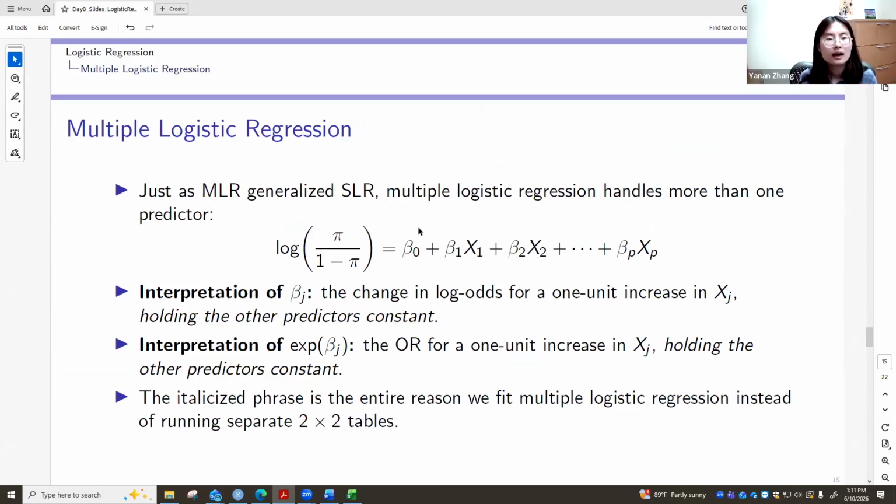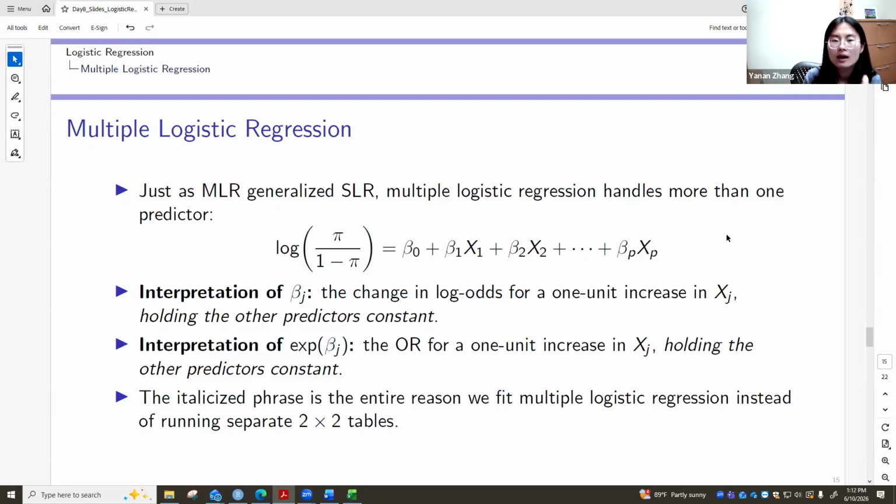Similar to the multiple linear regression where we can put multiple predictors, x1, x2, x3, and so forth, in this model. Same here. For multiple logistic regression, we model the log odds as a linear combination of all these predictors, right? So x1 could be age, x2 could be sex, x3 could be BMI, x4 could be systolic blood pressure, and so on and so forth.